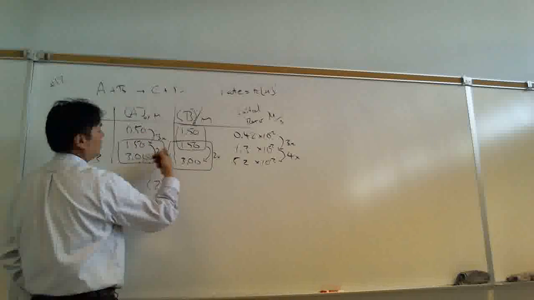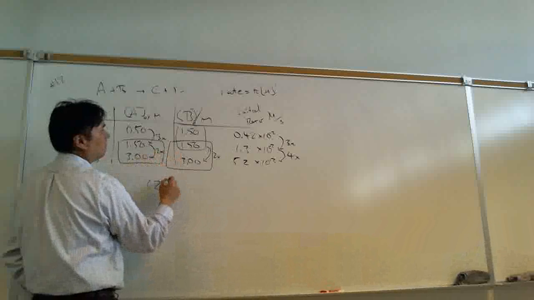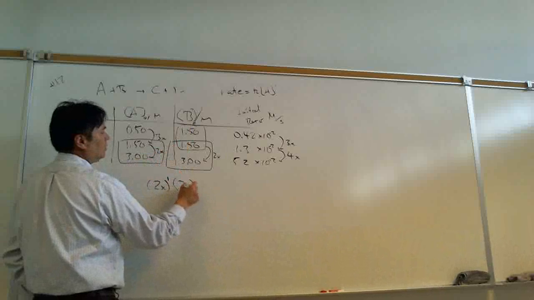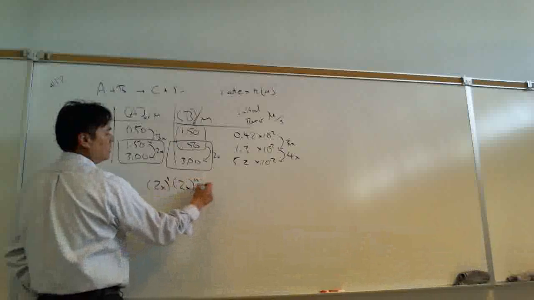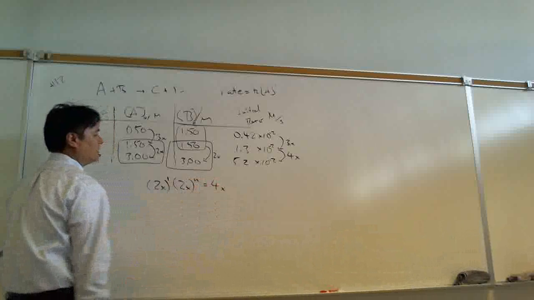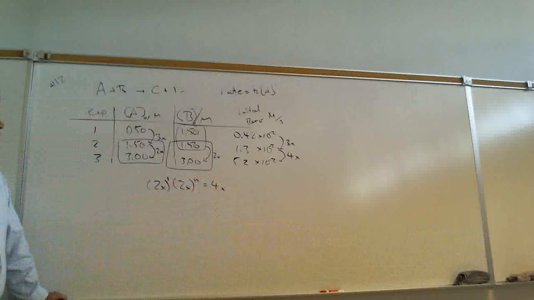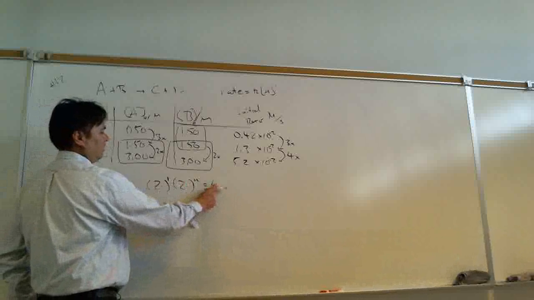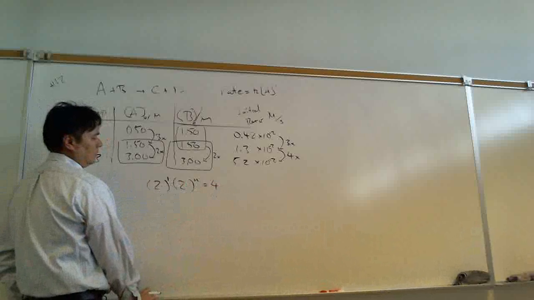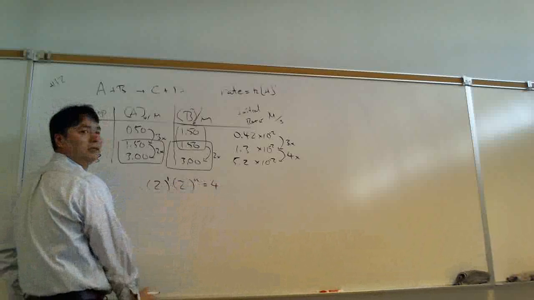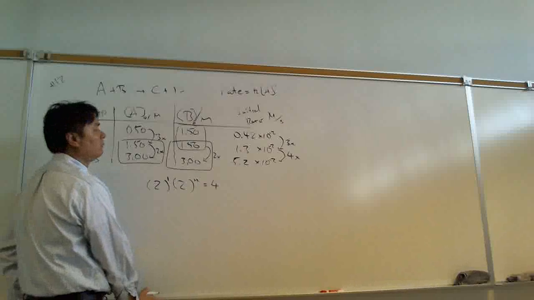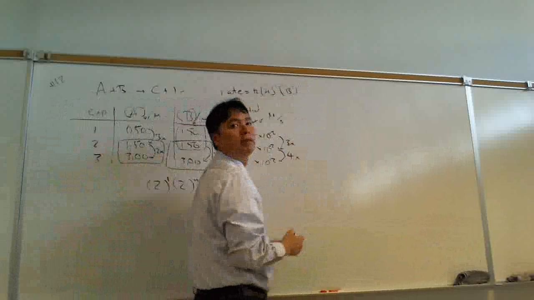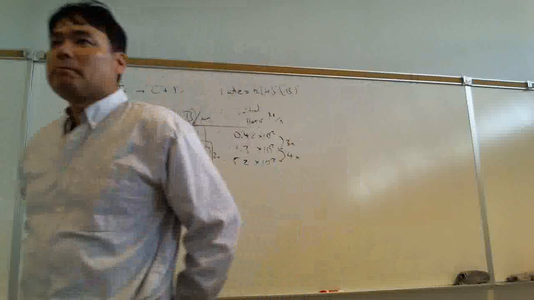This would be the m power, which we already figured out is 1, times 2 to the n power, is equal to 4. This x is not, I should get rid of it, actually. And so n must be 1. And so it's got to be first order in B. It's first order in both A and B.